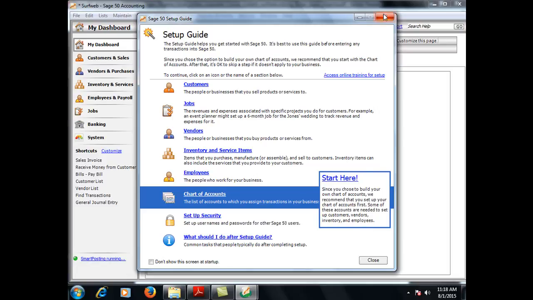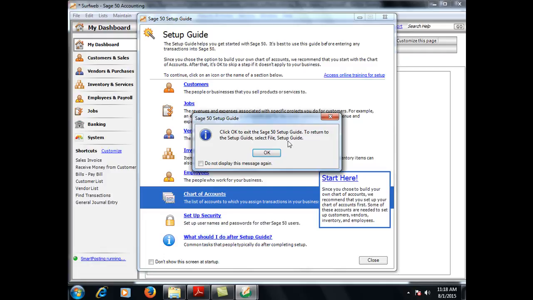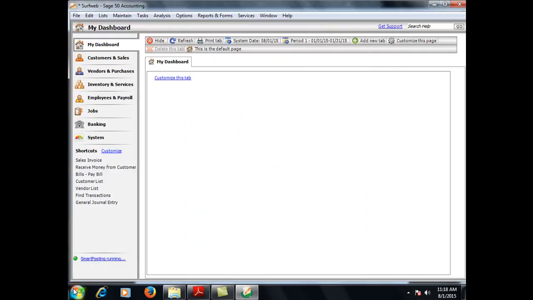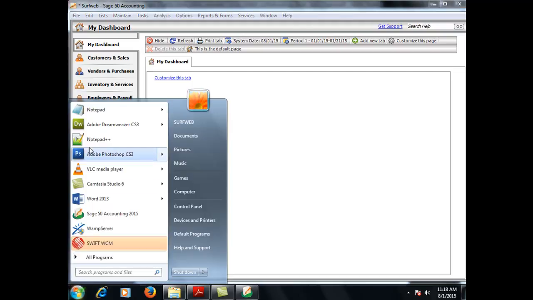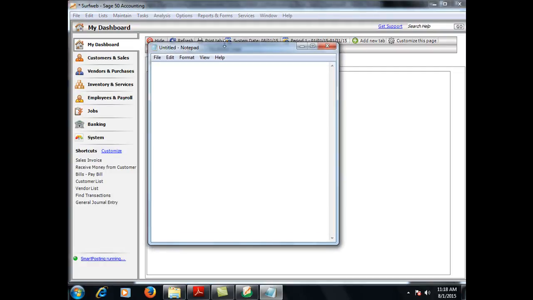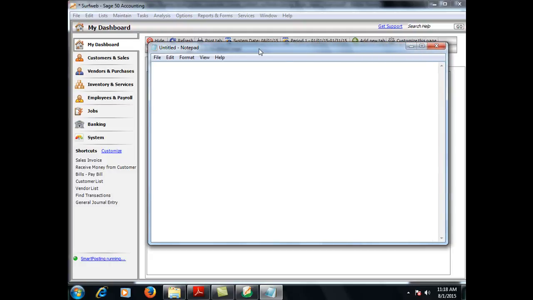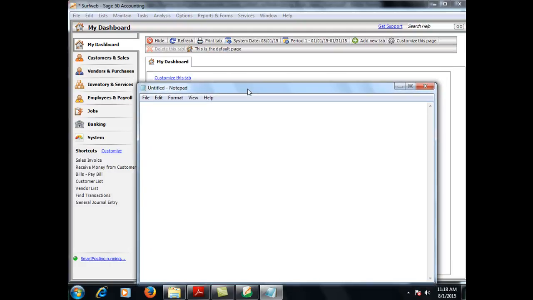Okay, so now, before we start setting up the chart of account, I'm just going to do some smart process running, some elementary stuff here. Chart of accounts basically involves three things. One, account ID, which is going to be determined by you.